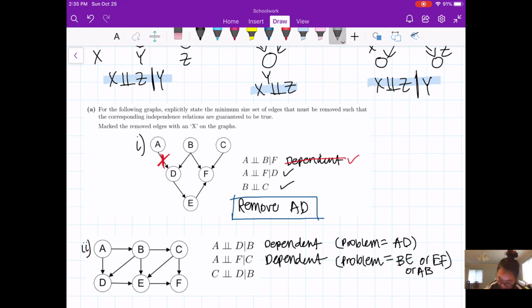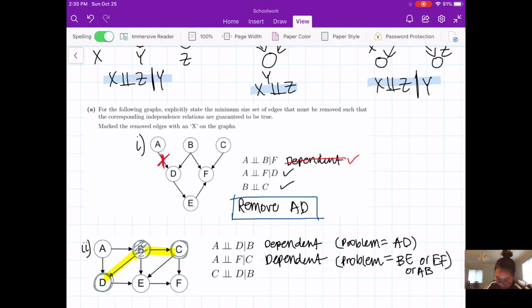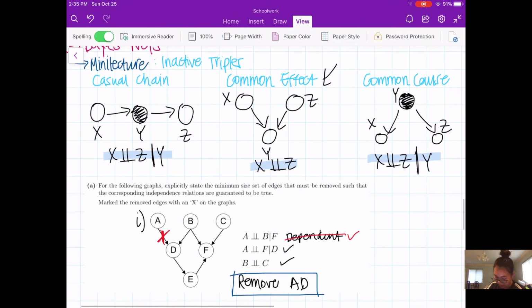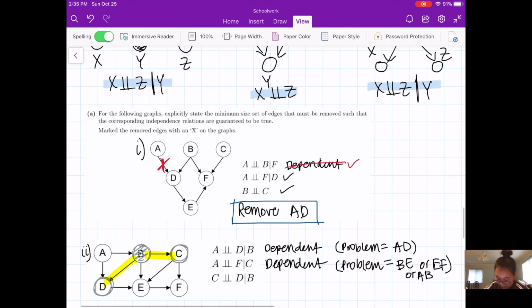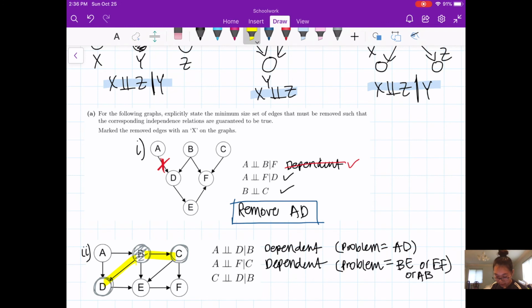And then the last is C independent to D given B. So right away, the first relationship I see is this common cause situation, and if the common cause is known, then that will be independent, which is fine. So we know that scenario is okay, but what are some other ways to get there?